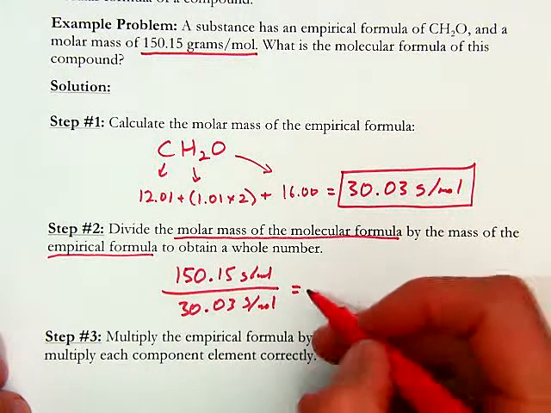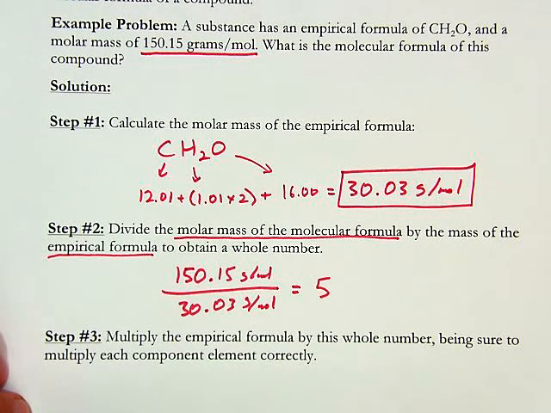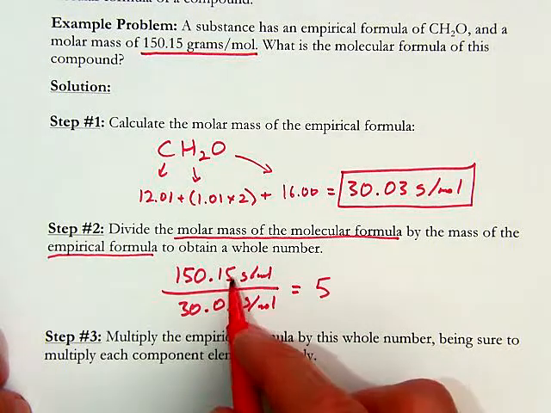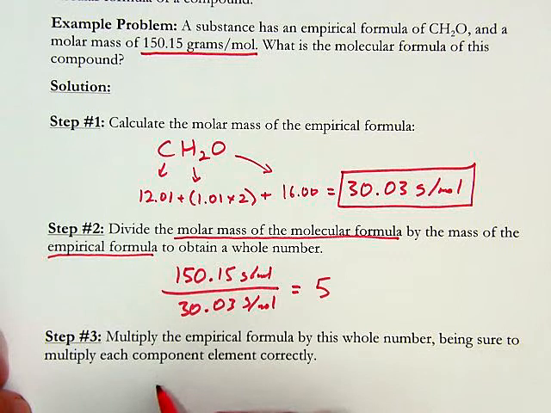If you do that, you get 5. Now, what does that mean? That means that the molecular formula is 5 times bigger than the empirical formula. So you're going to take your empirical formula, CH2O, and multiply it by 5.